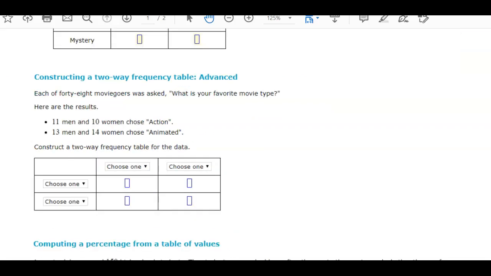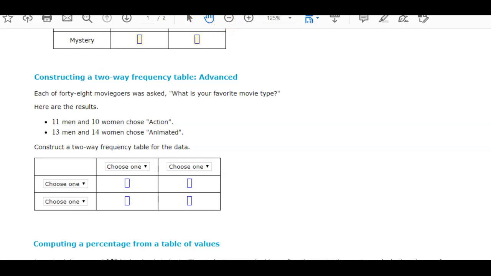All right, second one here, you guys, constructing a two-way frequency table, advanced. This is also pretty easy here, you guys. Each of 48 moviegoers was asked, what is your favorite movie type? Here are the results. So we have 11 men and 10 women that chose action.